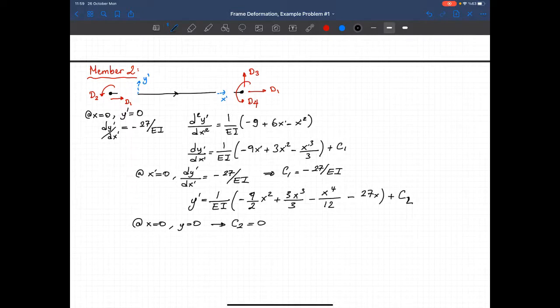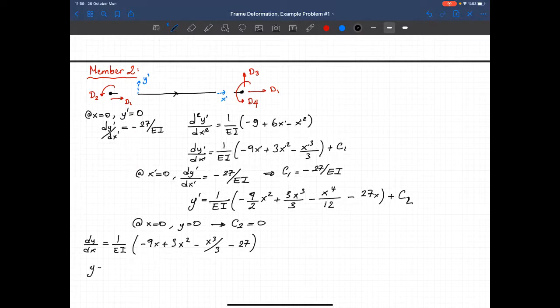So our equation for the rotation dy over dx is as follows. 1 over EI, we have a cubic parabola, minus 9x plus 3x squared minus x cubed over 3 minus 27.